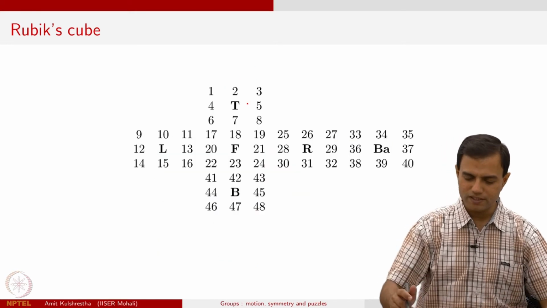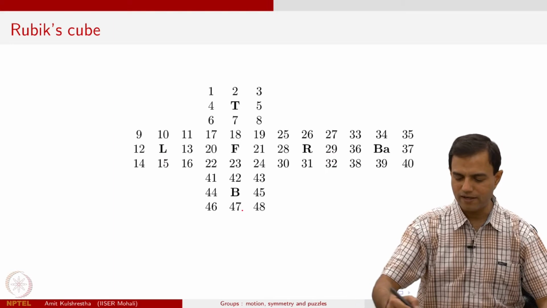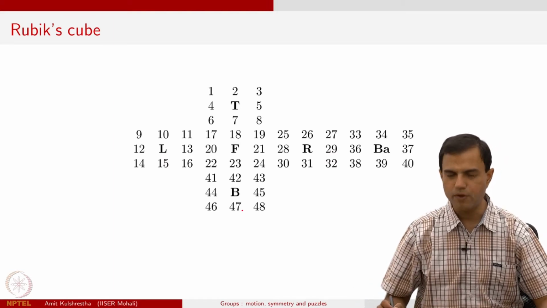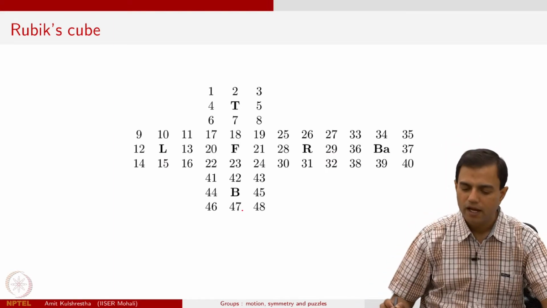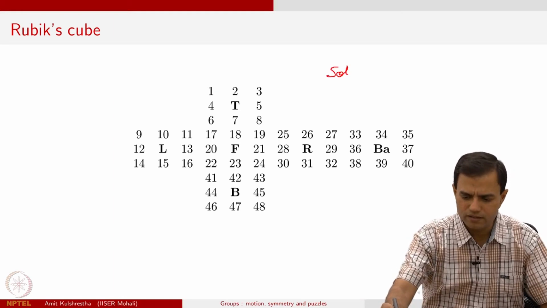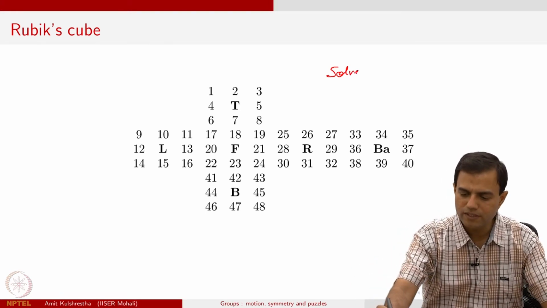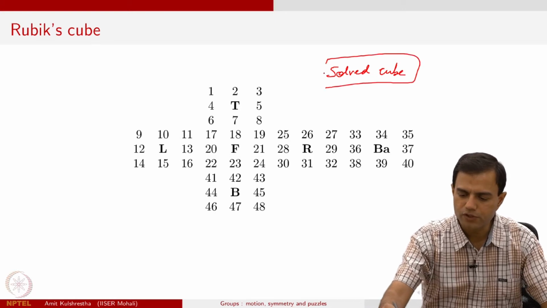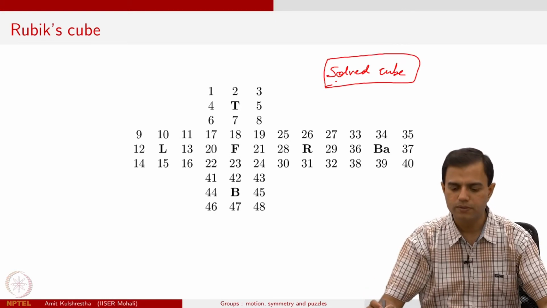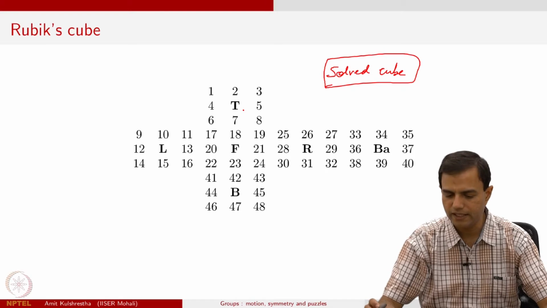Here I am opening it in this way, so that this is front, that is top, that is left, right, back, and bottom, downside. So I have named all the small tiles by 1, 2, 3. So let me just say that this is the solved Rubik's Cube. So I have named 1, 2, 3, 4, then top, 5, 6, 7, 8 and like that.